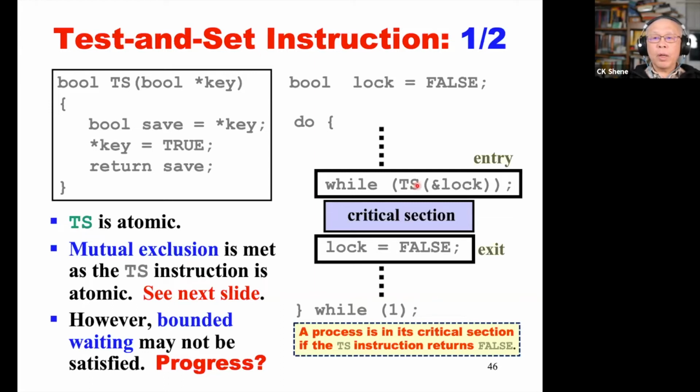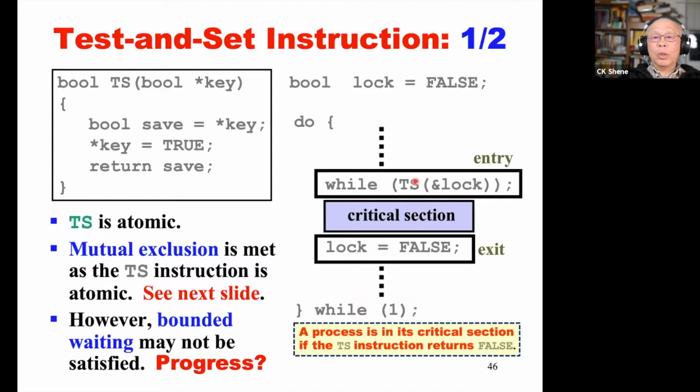Now, if the hardware determines that you go first, then when you execute the TS instruction, it returns the old value false and replaces the old value false by true, and you enter. After you enter, the hardware allows me to execute the TS. Always remember, TS is atomic.